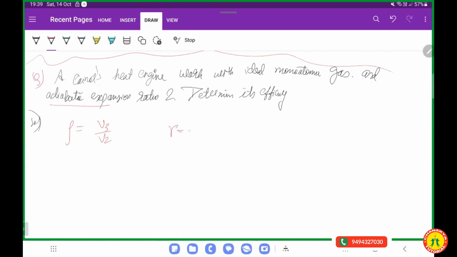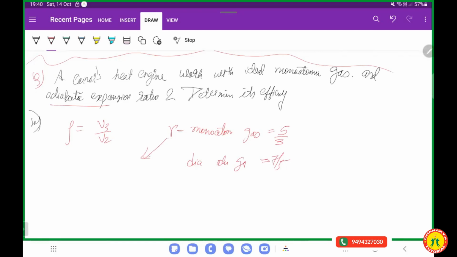And remember this gamma for monoatomic gas is 5 by 3 and for diatomic gas is 7 by 5. Now, what does gamma mean?